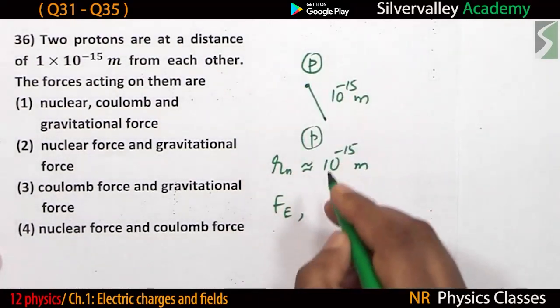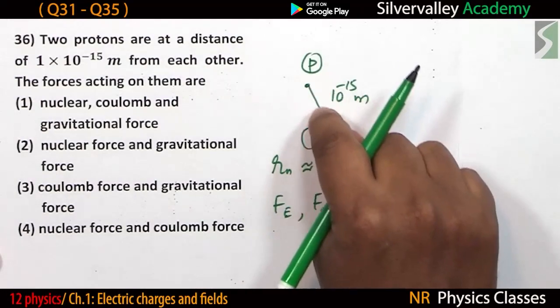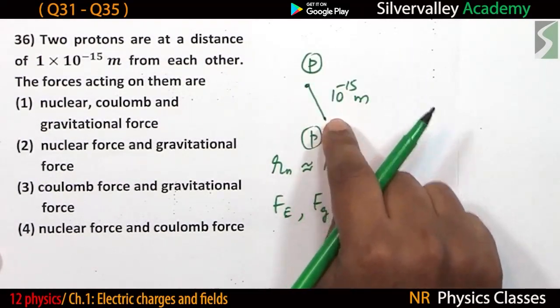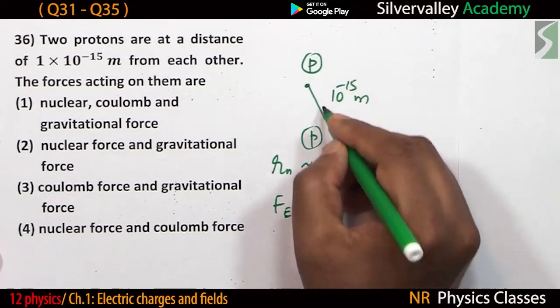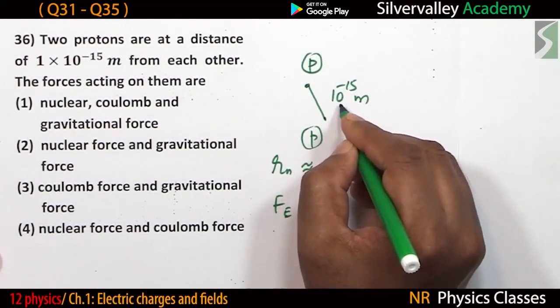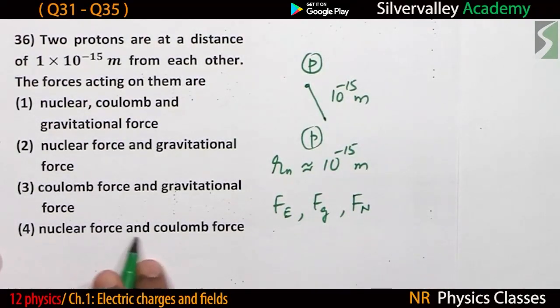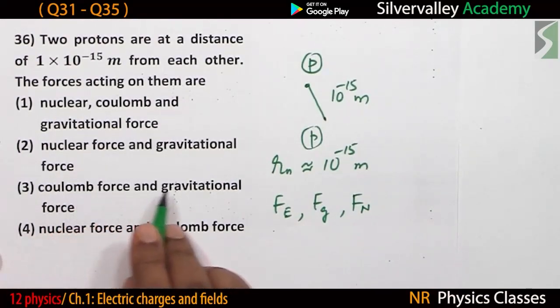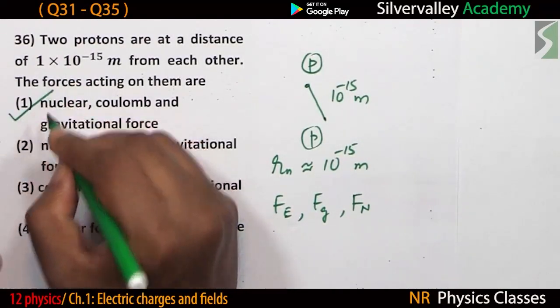Because of masses there is gravitational force. Since the distance between these two is very small, there exists nuclear force. So this distance is of the order of the range of nuclear force. Therefore, nuclear, Coulomb, gravitational, all the three are present.